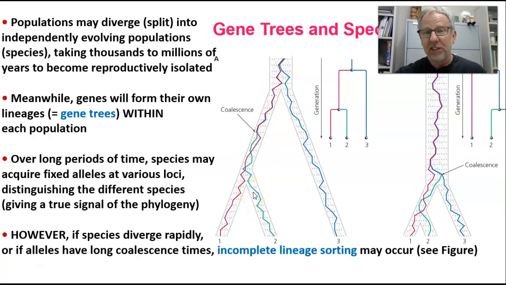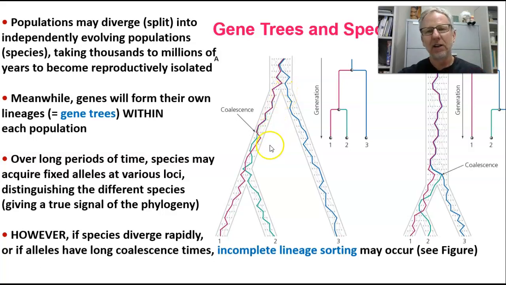So the genes within these species also have their own histories, and we're looking at one gene in this diagram, and it's got 3 different alleles that are color-coded: blue, green, and kind of purple.